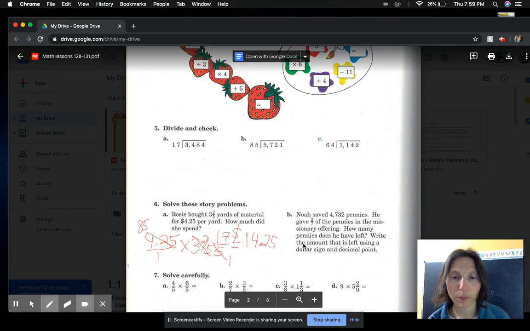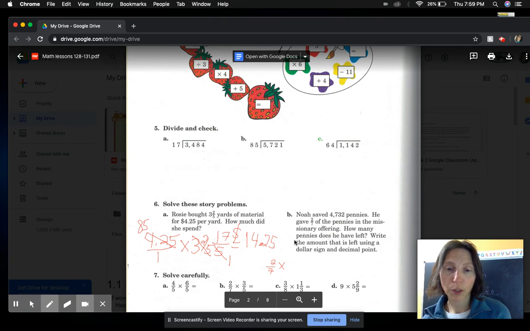Now let's look at this one. Noah saved 4,732 pennies. He gave 2/7 of the pennies in the missionary offering. How many pennies does he have left? Write the amount that is left using a dollar sign and decimal point. So first I want to find out what is 2/7 of 4,732.